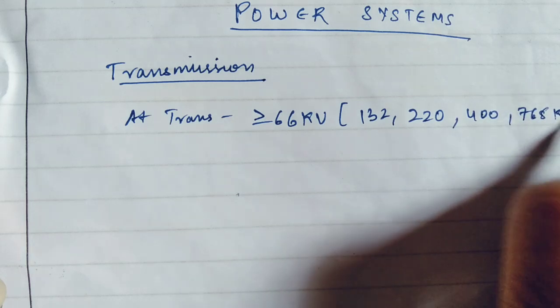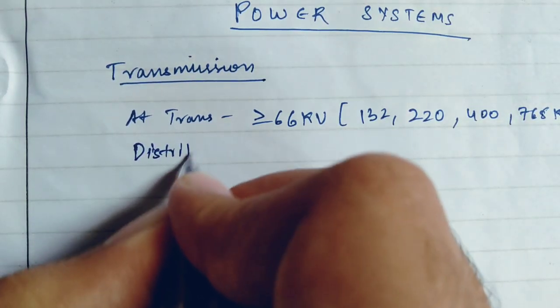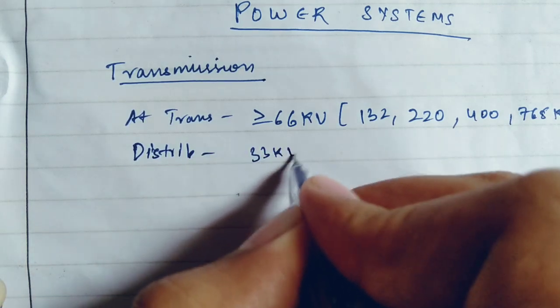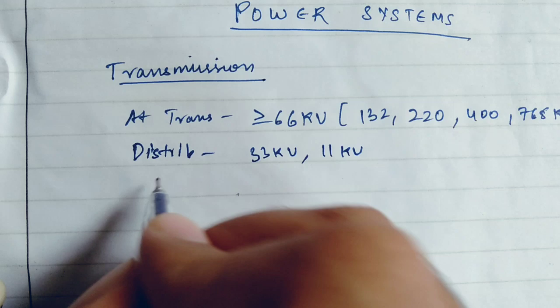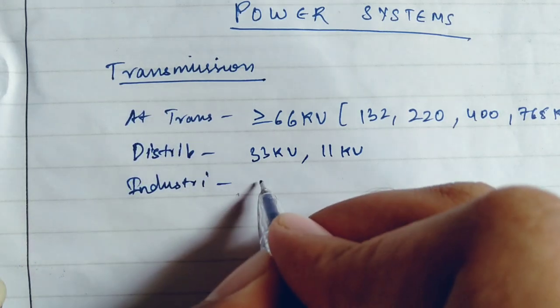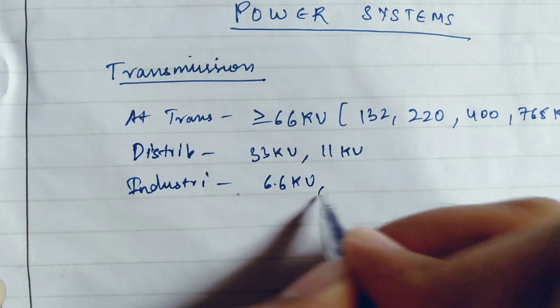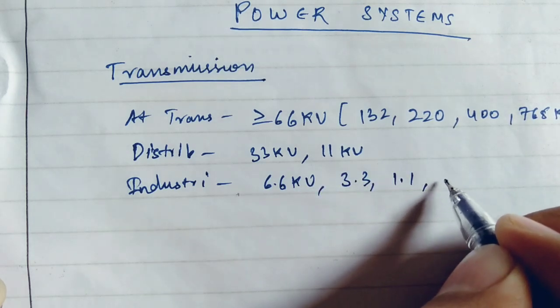765 kV. At the distribution side we operate at 33 kV, 11 kV, and for industrial supply we use 6.6 kV, 3.3 kV, 1.1 kV and 400 volts.